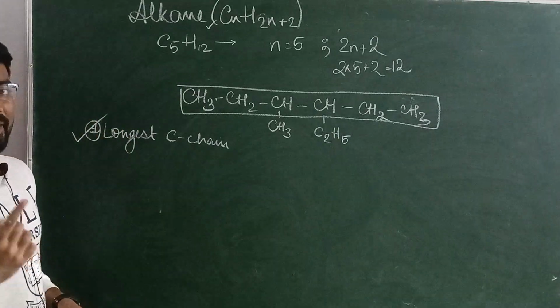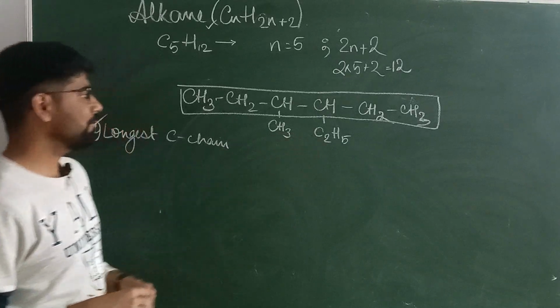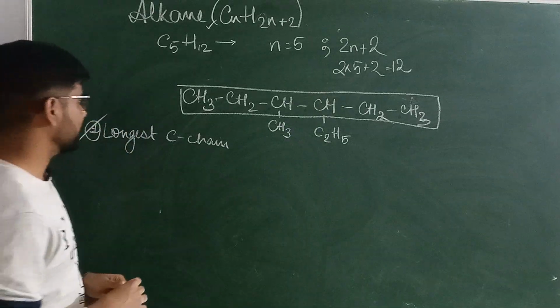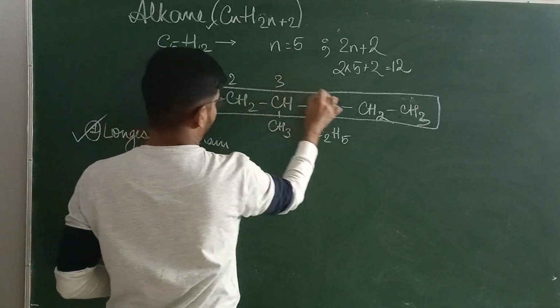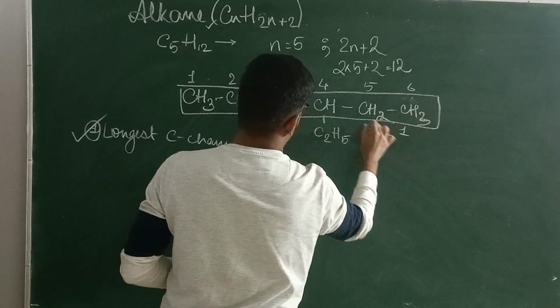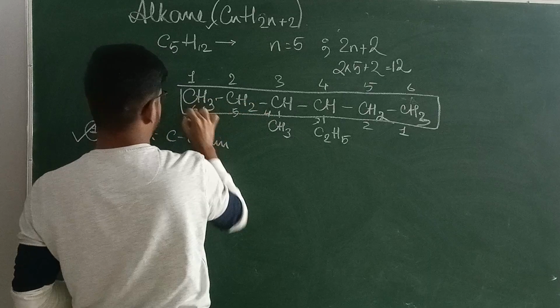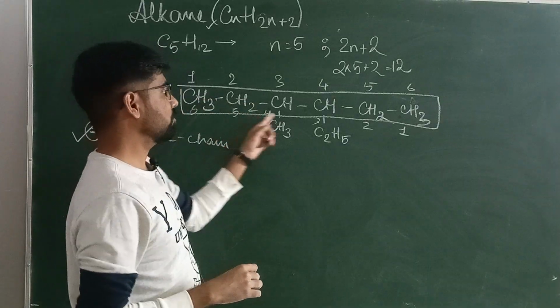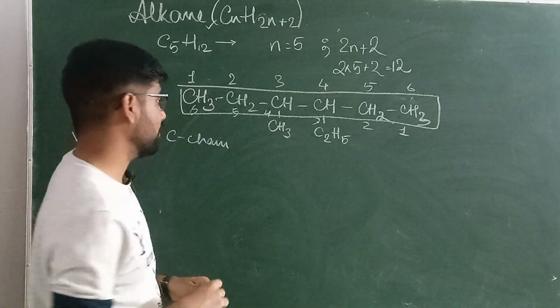Then we start numbering the chain in such a way that the substituents will have the least position. So I can number it 1, 2, 3, 4, 5, 6, or 1, 2, 3, 4, 5, 6. Again, the two substituents are in the 3 and 4 position, so no controversy at all.